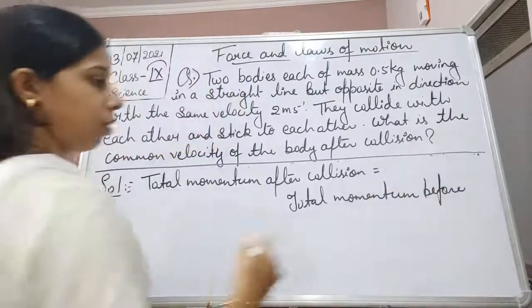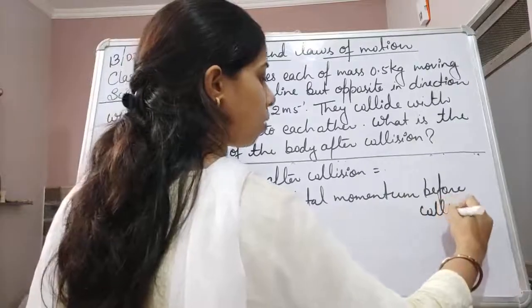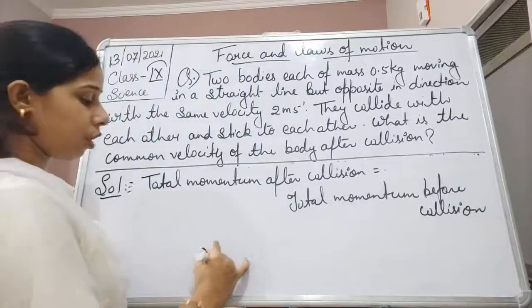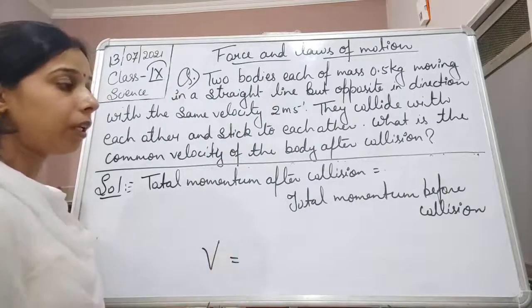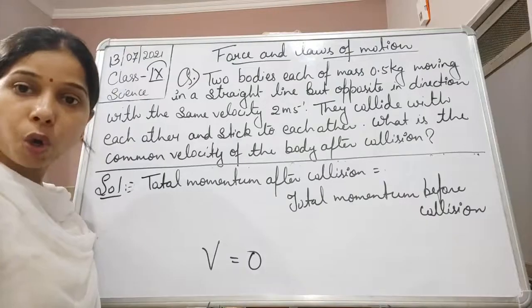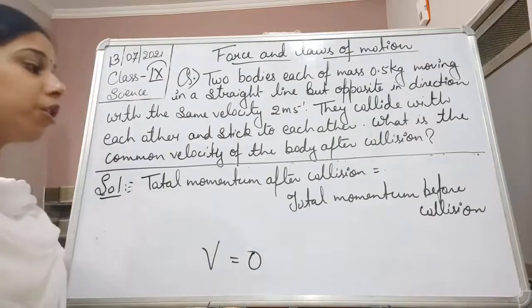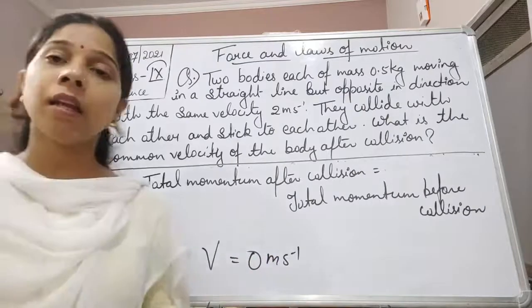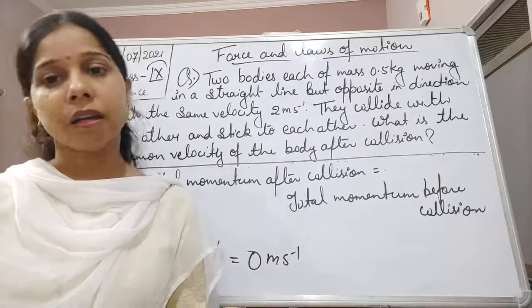Total momentum after collision is equal to v and total momentum before collision is equal to 0. So the value of the common velocity after collision will be equal to 0 meter per second. Only then the momentum will remain conserved.